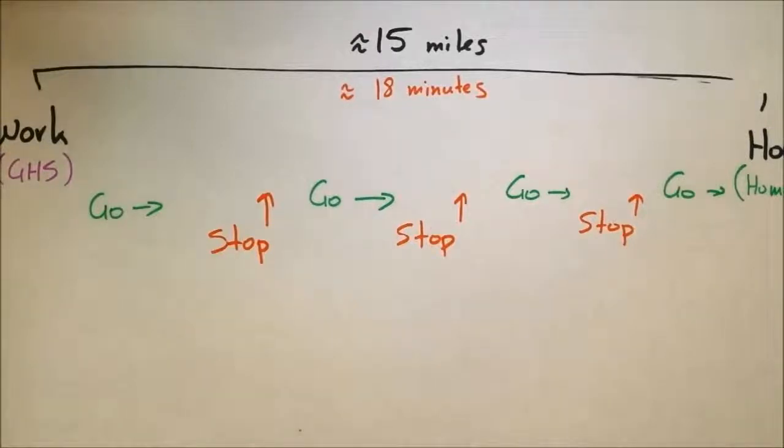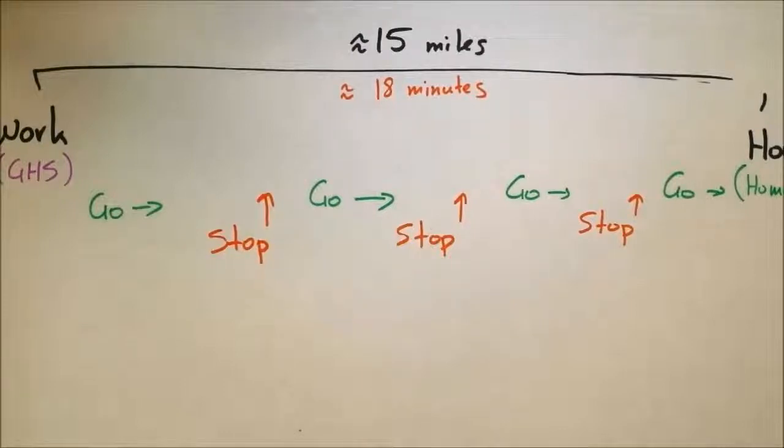Work here at GHS, home where home is. The approximate mileage that I travel is about 15 miles. I have a fairly short commute, and it takes me about 18 minutes. This will obviously vary from day to day, but on average it takes me about 18 minutes to get here. Again, a pretty short commute.